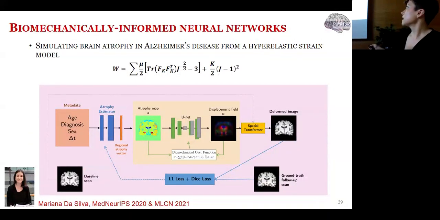So in this sense, the first thing that we've started to do is build biomechanical models of brain atrophy and Alzheimer's disease. So here, for biomechanical models, we have a hyperelastic strain function.